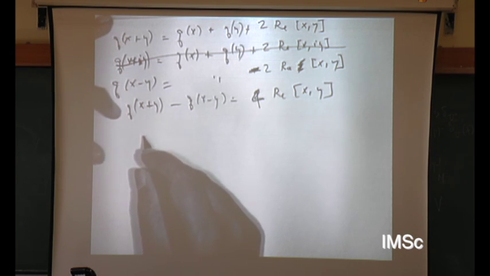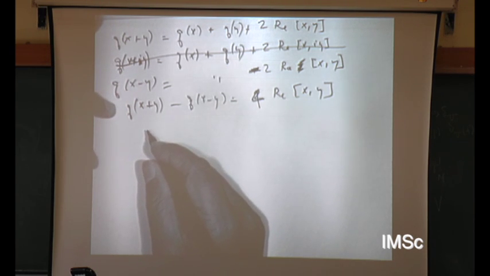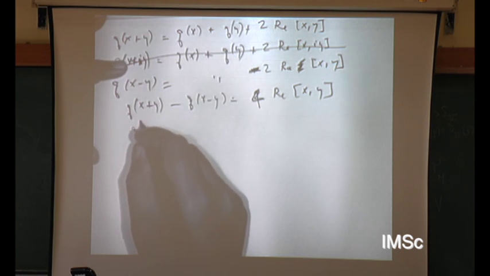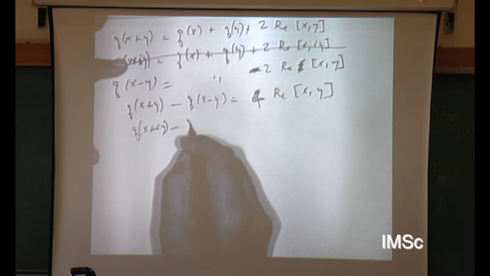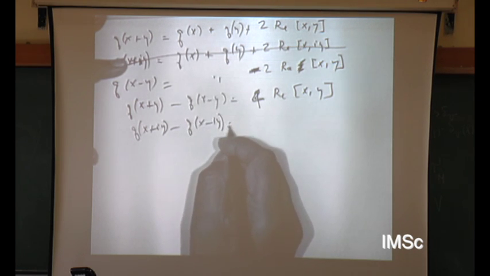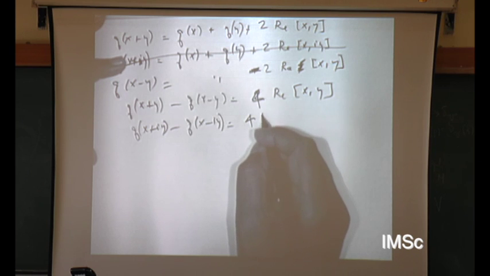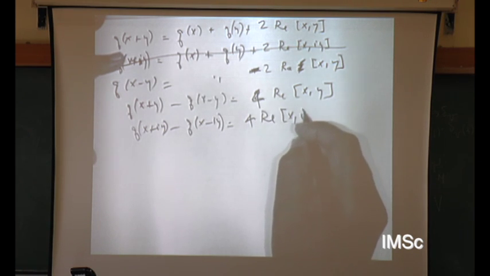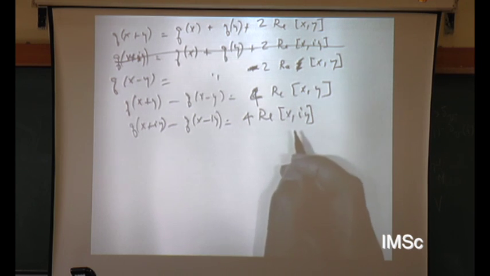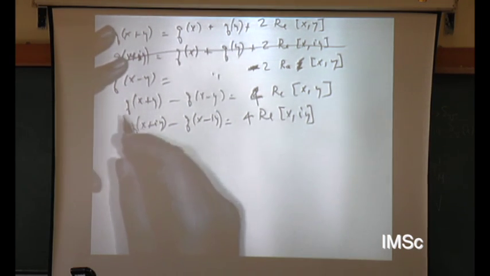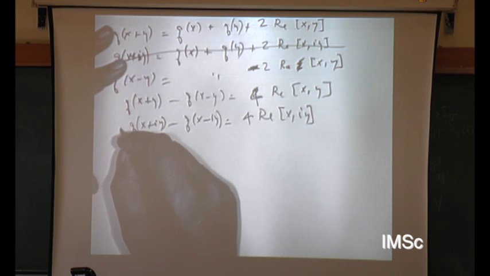In this equation, substitute iy for y. And you get q of x plus iy minus q of x minus iy is 4 times the real part of (x, iy). So just for fun, let me throw in an i here.